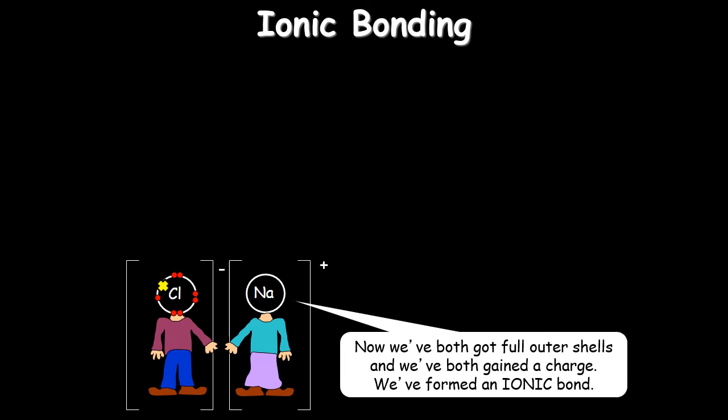But this means that both of them have their outermost shell of electrons completely filled in, and we call this ionic bonding. We can look at some other examples, for instance magnesium and chlorine, that will form magnesium chloride.